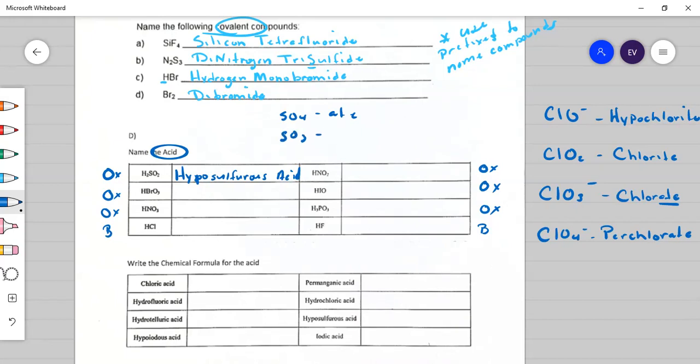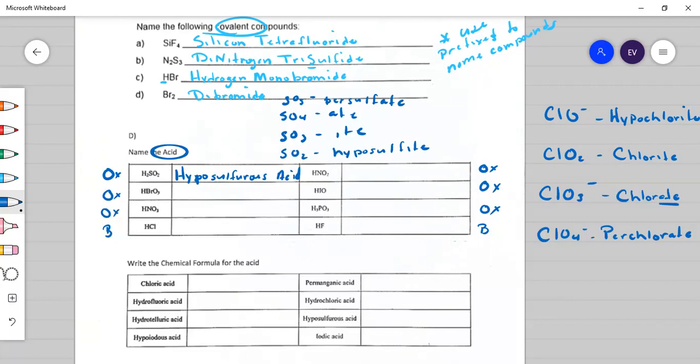SO3 is the ite. That's the sulfite. If you go down below SO3, this would become hyposulfite. And if you go above the SO4, which you don't, this would be persulfate. So you just got to be aware of that.